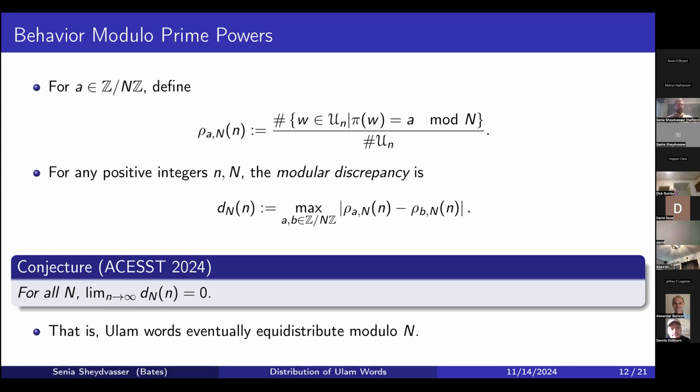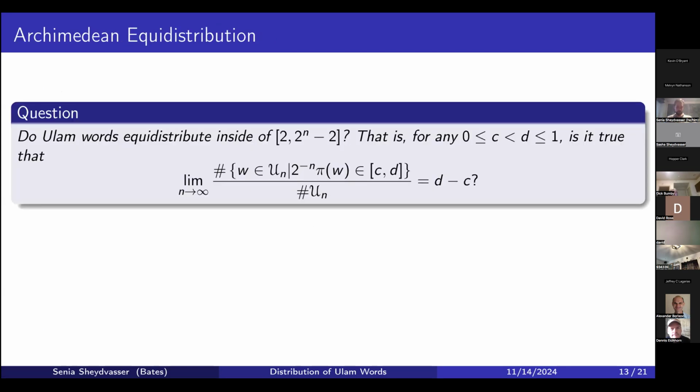Well, in some sense, we are looking at equidistribution with respect to a non-Archimedean distribution, right? Because we're looking at what happens mod p to the k. This is somehow a question about p-adic integers, right?